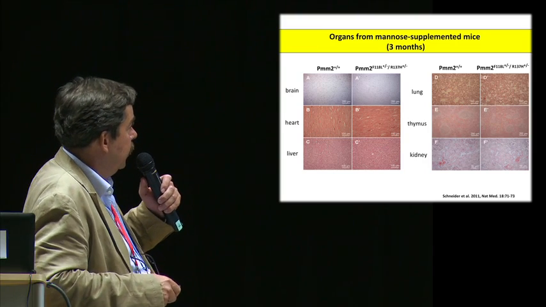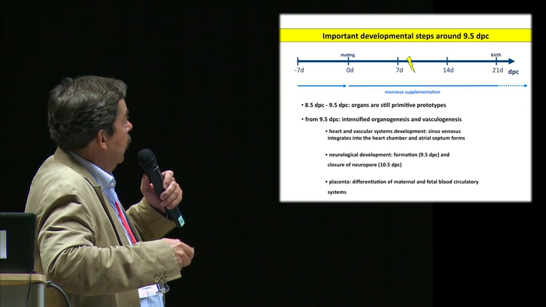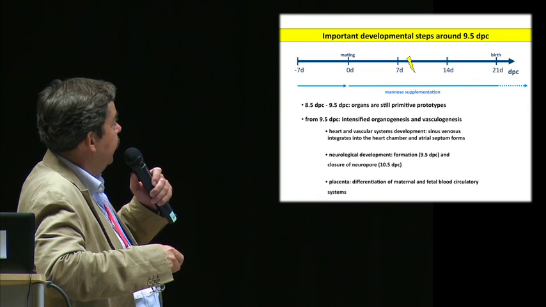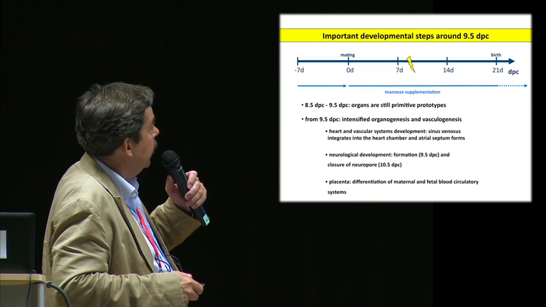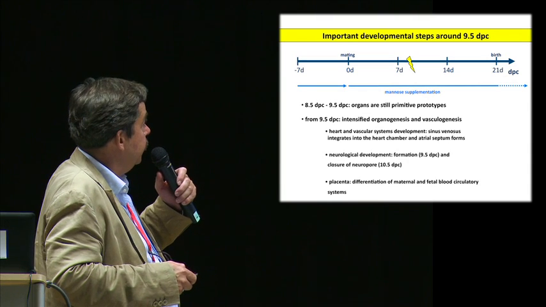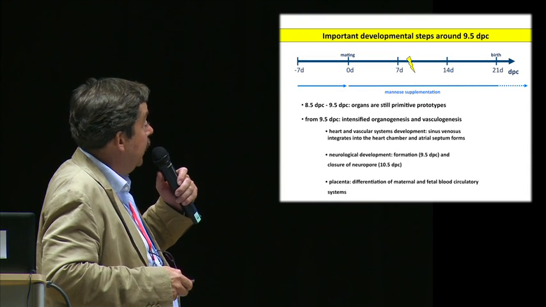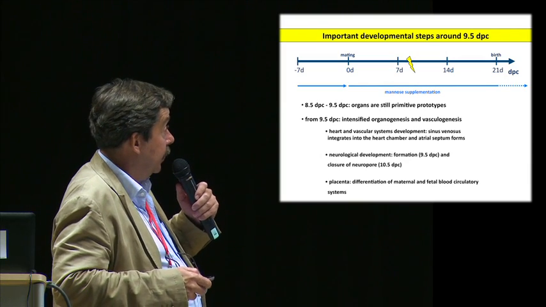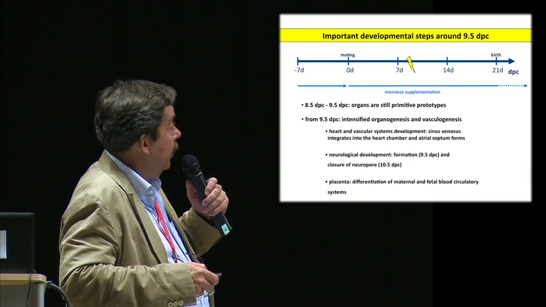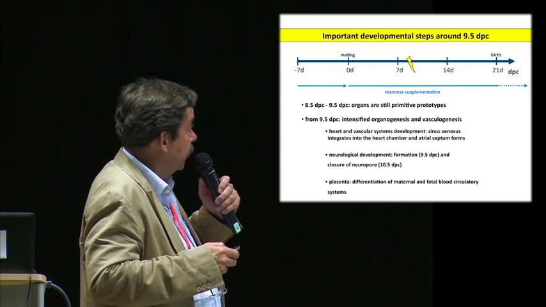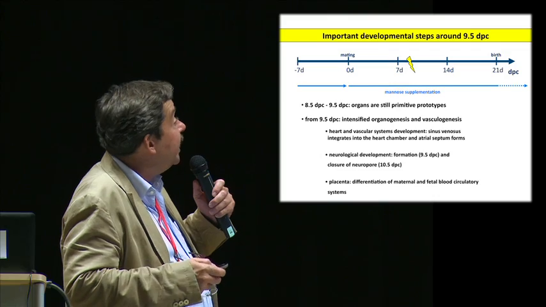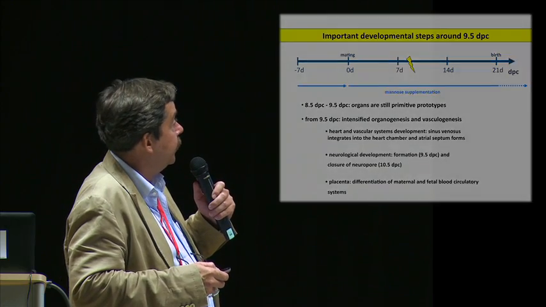This looks all normal. I discussed this before, that there is a critical time point for the organ development, and what we are currently investigating are glycoproteins, which are changed at this critical time point.